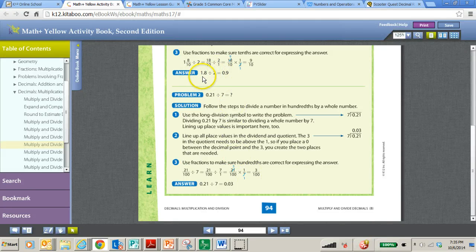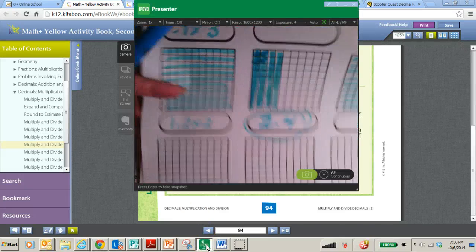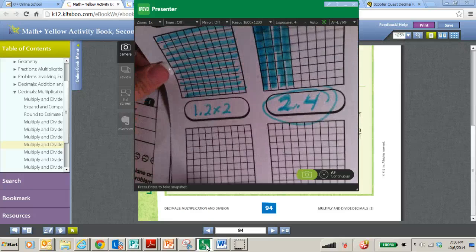Numbers like this, 1 and 8 tenths divided by 2, is very reasonable. 21 hundredths divided by 7, very reasonable, but you're not going to be asked to do it like this. In fact, let me turn on the document camera and I'll give you an example of what you should be able to do.